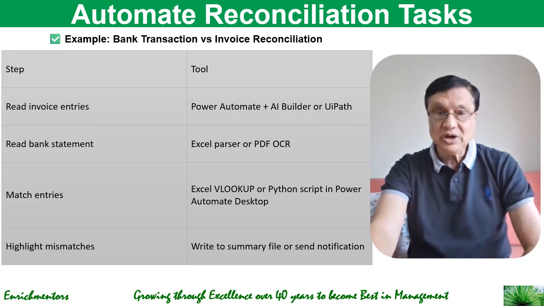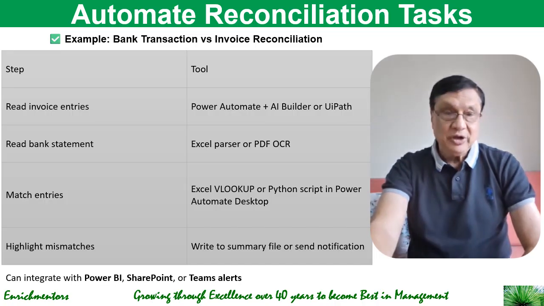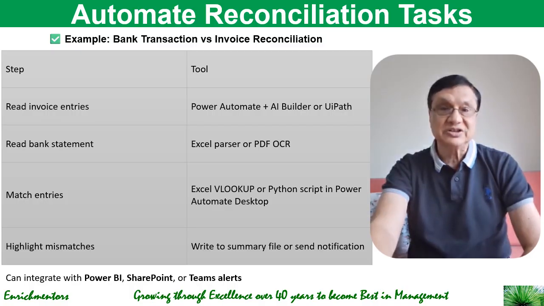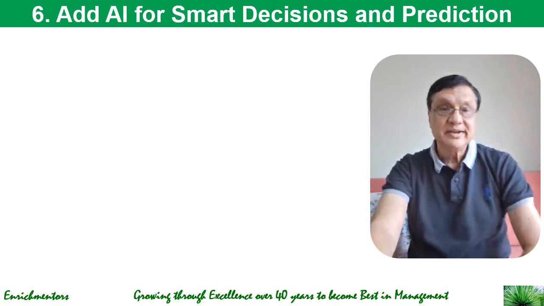Use Excel VLOOKUP or a Python script in Power Automate Desktop and highlight mismatches. Write to a summary file or send notifications. Now you can integrate this process with Power BI, SharePoint, or team alerts. So that's an example of bank reconciliation versus invoice reconciliation that we saw earlier.